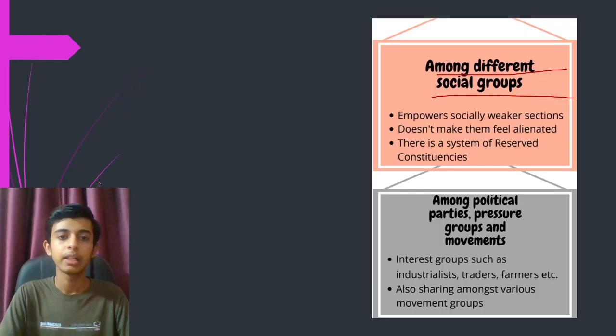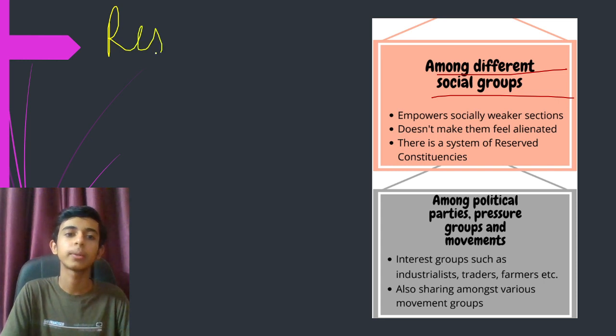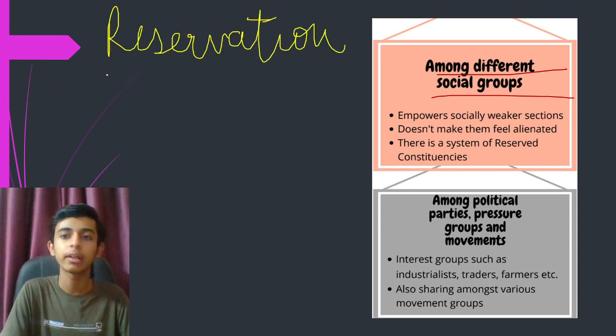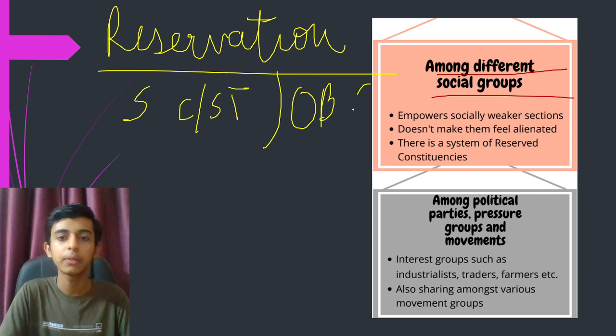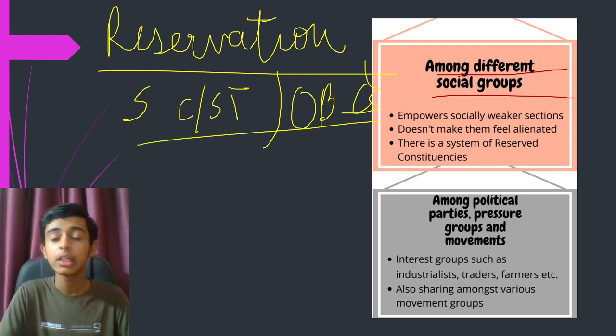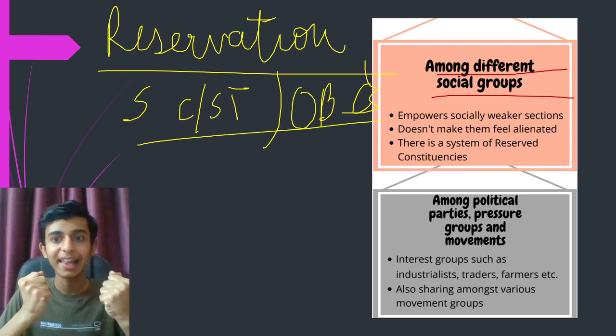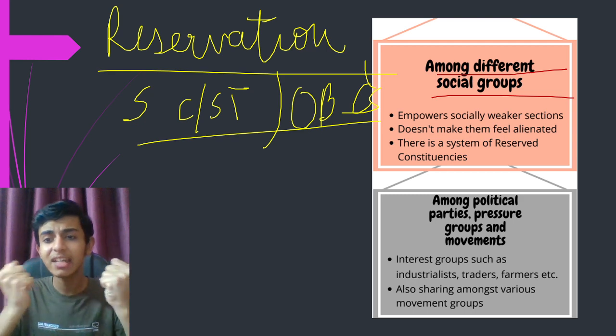The process is known as reservation. Reservation of seats for the different social groups like SC, ST, the OBCs. Reservation is there so that they also feel empowered, that we also have power, we are equal, because in a democracy this is very important.